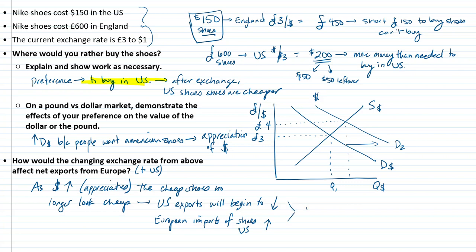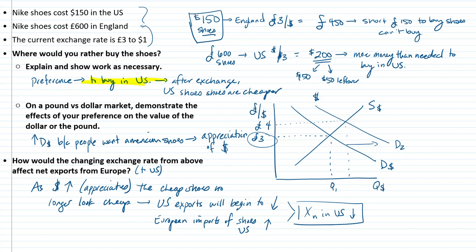In other words, we can say that net exports in the United States will begin to go down, because really the only reason people were buying the shoes in the United States is because the shoes were cheaper in the United States when the exchange rate was out of sync with the idea of purchasing power parity. But as we approach parity, the need to buy shoes in the United States goes away.